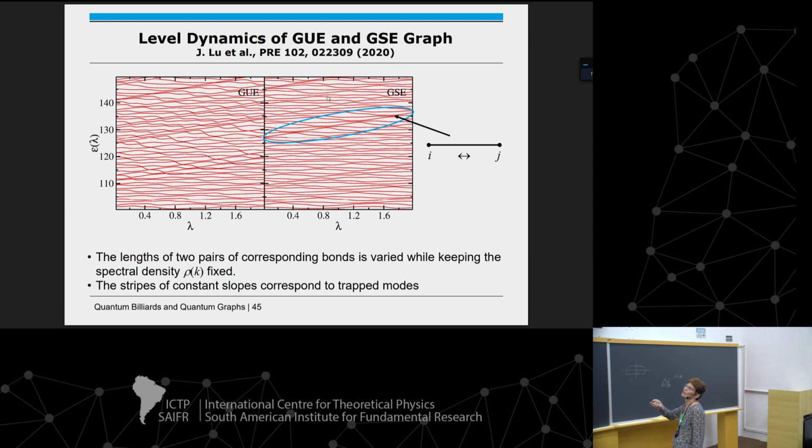For the GUE graph, it looks different from what you get for a GSE graph, and what is even more important, you see in both these straight lines of something that doesn't really change. I mean, when you change the length of a bond, then you will change the spectral density.